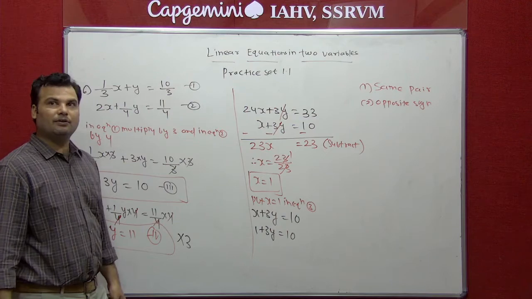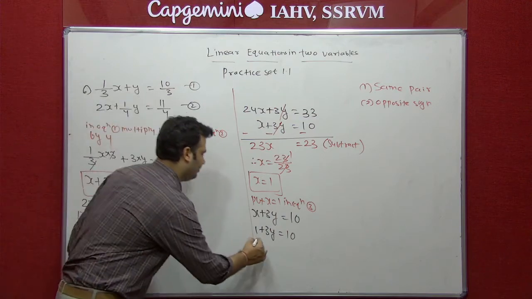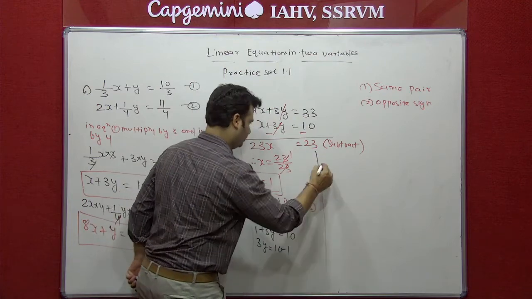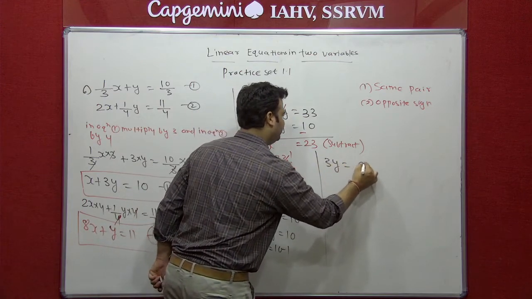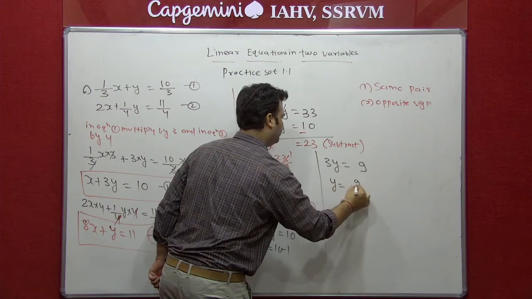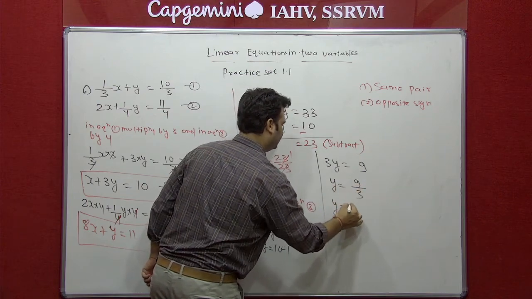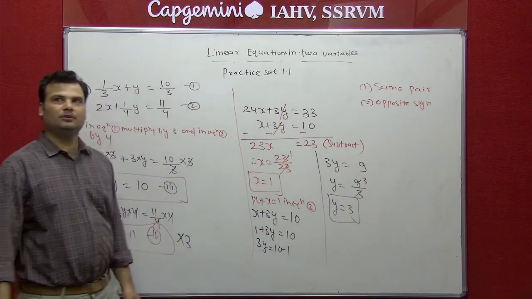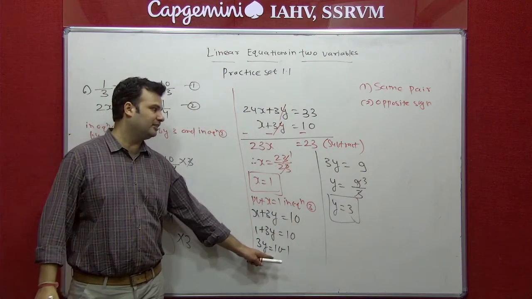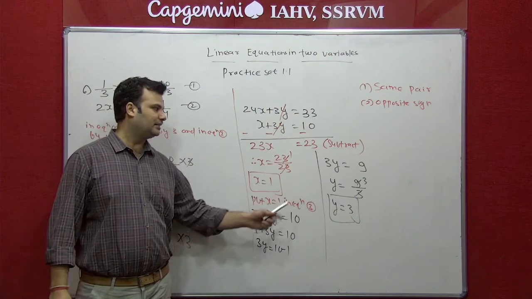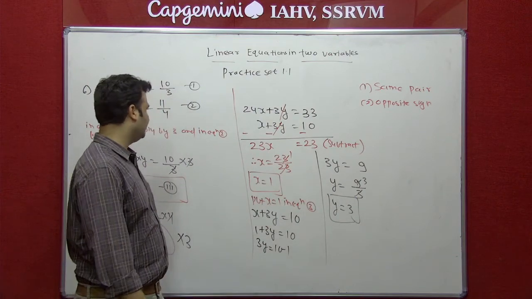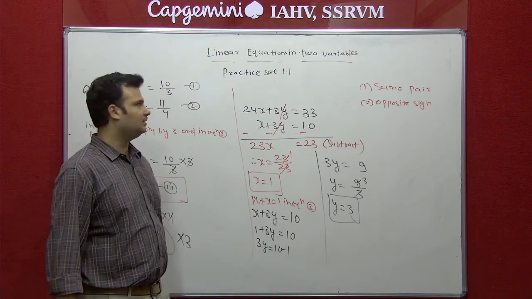So 1 plus 3y, this side becomes minus, 3y equal to 10 minus 1, so 3y equal to 9. So y equal to 9 upon 3. Answer is 3, because 3 3s are 9. So this side multiply, opposite side becomes divide. So the answer is x is 1 and y is 3.